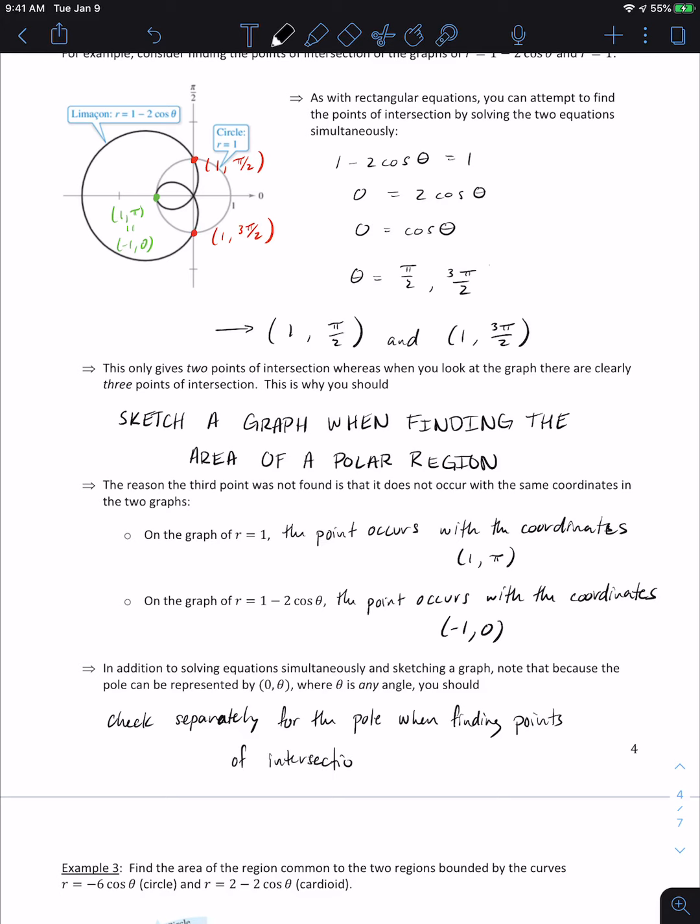So to figure out if the pole is a point of intersection, check it separately and don't bank on finding it through solving your equations.